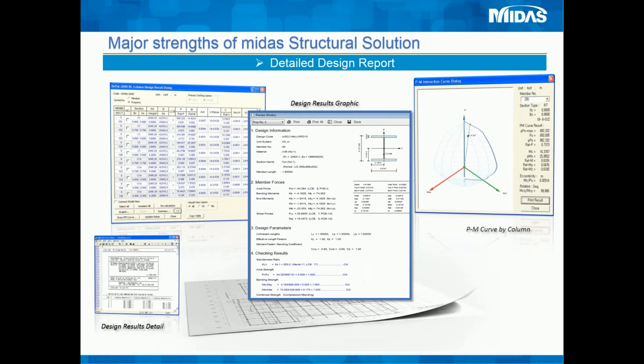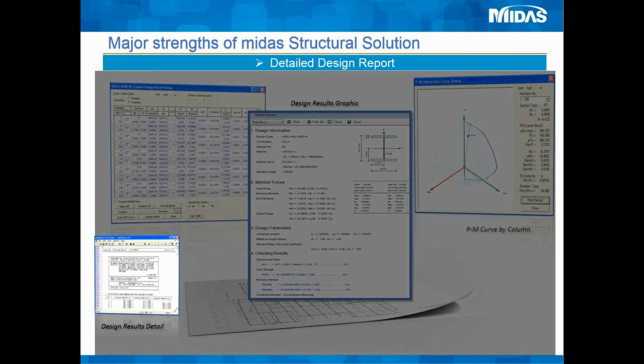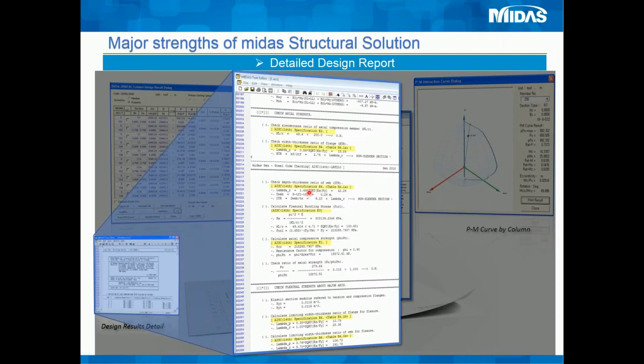When it comes to the design report, the program provides a detailed report for every element design as per the code. As you see here in the highlights, these are the references from the code selected.